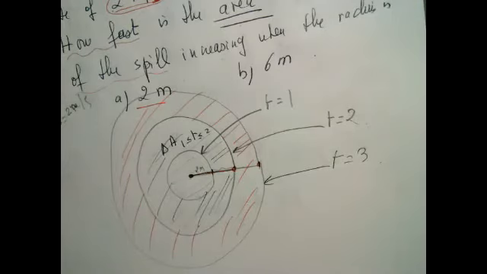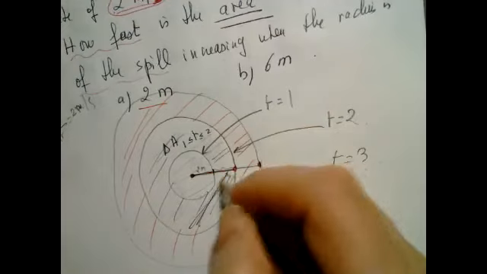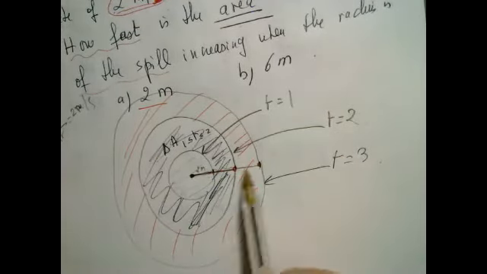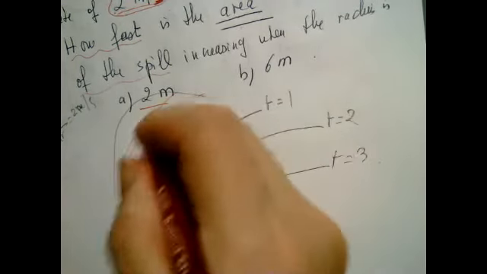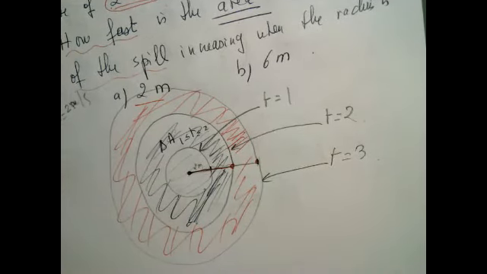Absolutely not, as you guys are mentioning, because between 1 and 2, it increased by this band here. So this band tells me by how much the area increased between 1 and 2. And this bigger band, the red one, is showing me how much it grew between 2 and 3. So the area is not growing at a constant rate.